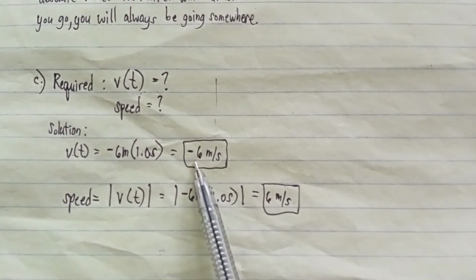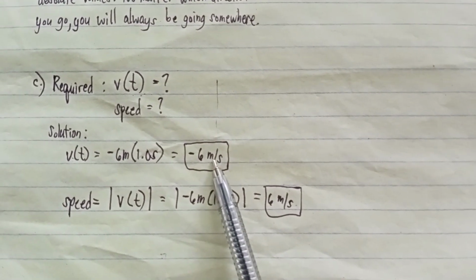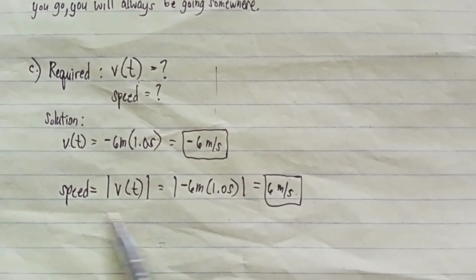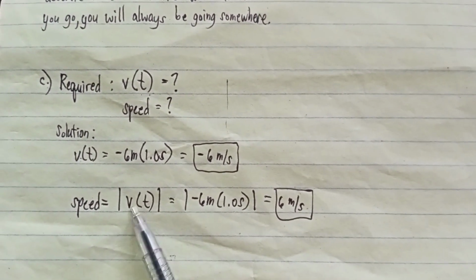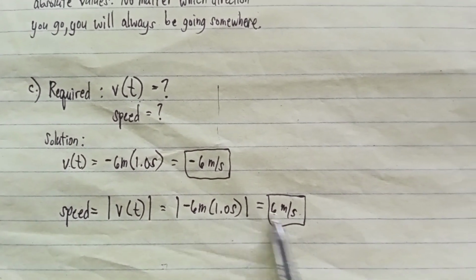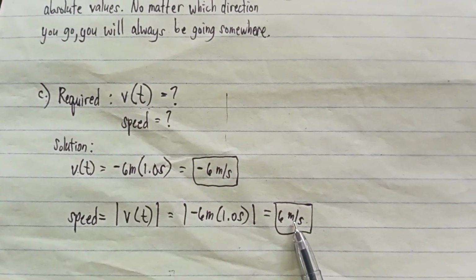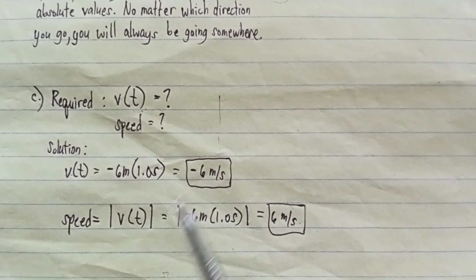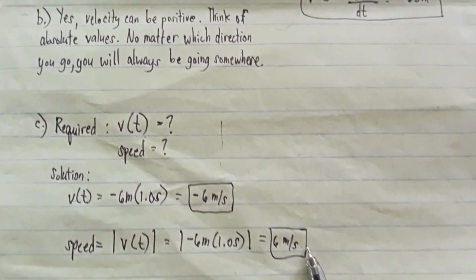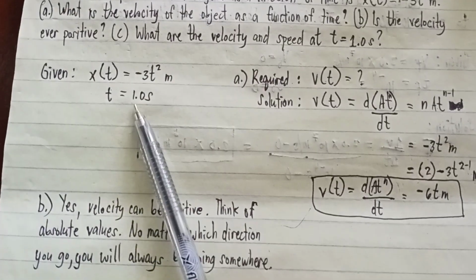Substitute, then the answer is negative 6 m/s. The speed equals the absolute value of v(t). Substitute, then the answer is positive 6 m/s. So this is the velocity and this is the speed at t equals 1.0 s.